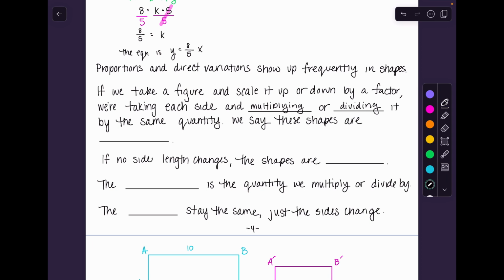And what that does is it results in a very similar shape, which is scaled sides. So we say these shapes are similar to each other. Okay. If it happens to be that when you multiply or divide by this number, nothing changes and every side has stayed the same, then we say the shapes are congruent.